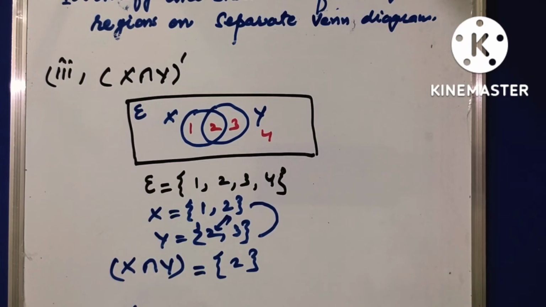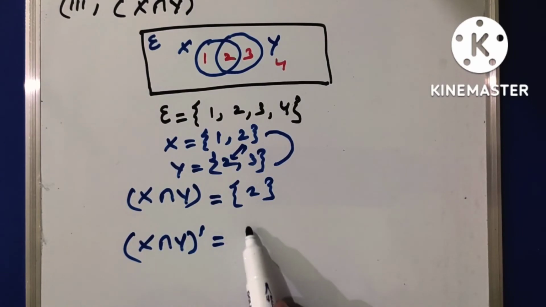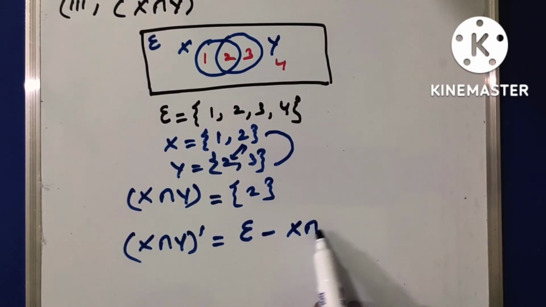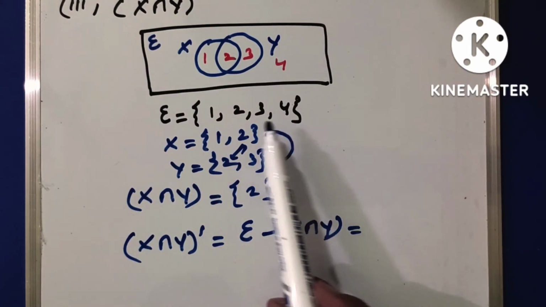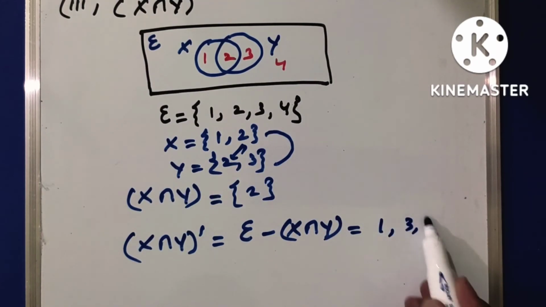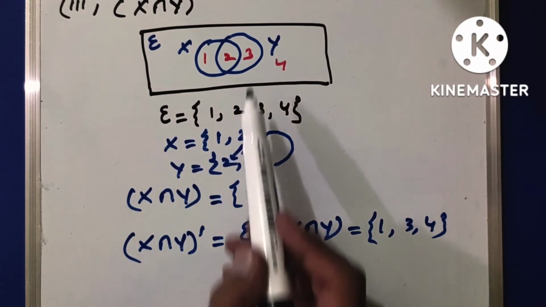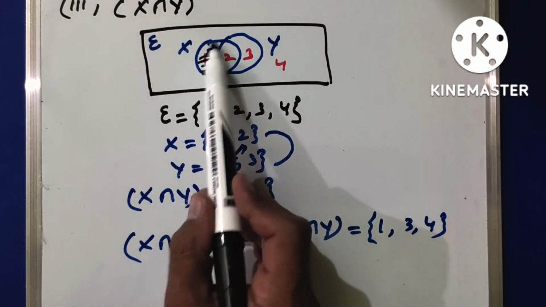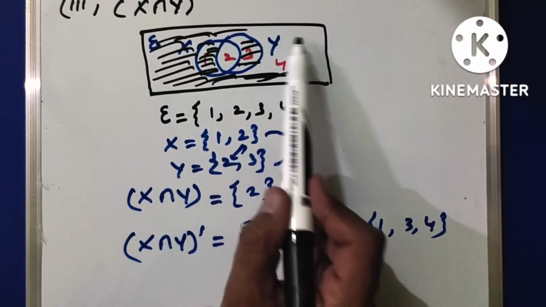Now X intersection Y whole complement, universal set minus X intersection Y. We have to delete this element of X intersection Y from the universal set, and the remaining elements, 1, 3, 4, will be considered the final answer. So we have to see where these 1, 3 and 4 are located. 1, 3 and 4. This area will be shaded.